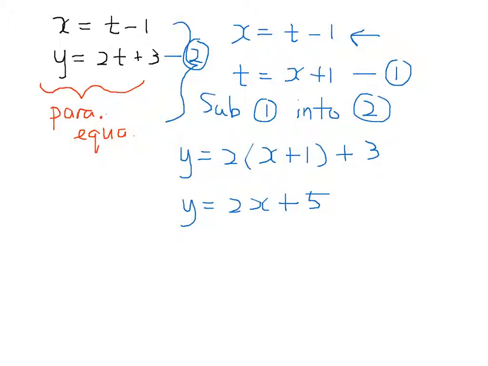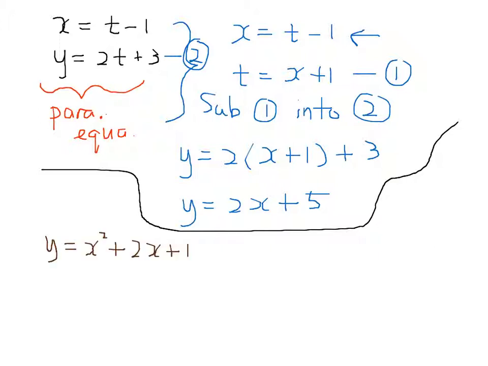And now we're going to look at different examples where we're going to express from Cartesian to parametric. Now, say we have this quadratic equation. First is in Cartesian equations.